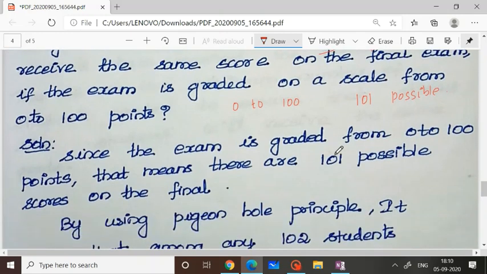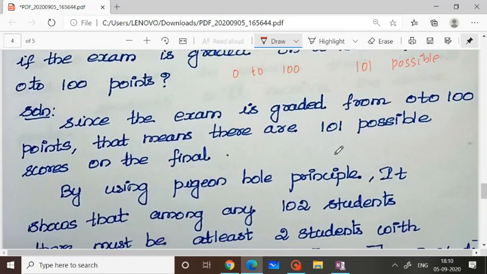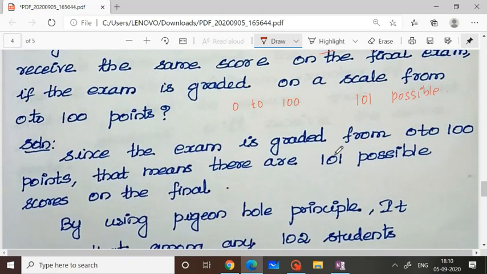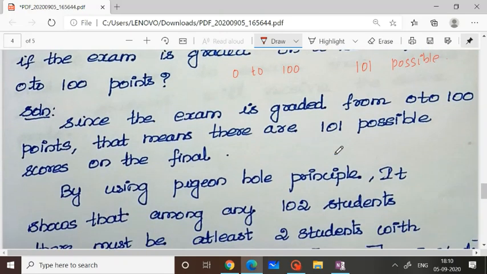So by using the pigeonhole principle, among any 102 students, how many possibilities are there? From 0 to 100 there are 101 possible scores. By the pigeonhole principle, if there are more than 101 students, at least two students have the same score.